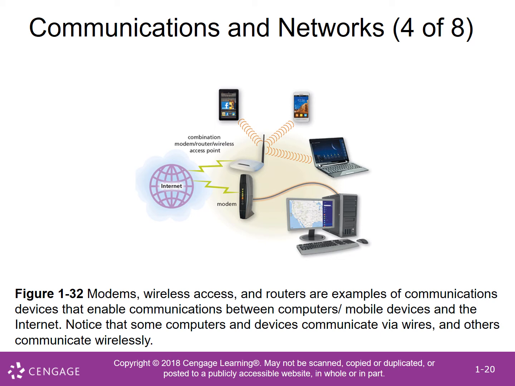A router has added functionality, and by definition, routers are the ones that connect one network to another network. Like when we connect to the internet, we connect to, let's say, Globe and PLDT. That's a different network from our computer, right? To our home.